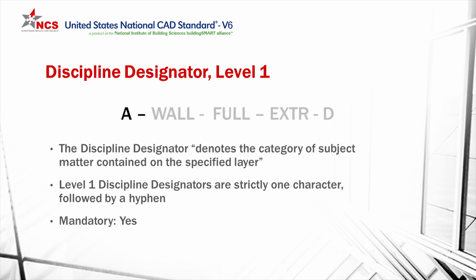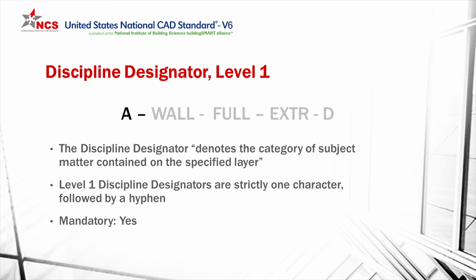Now note, it did not say it denotes the discipline. It says the subject matter, because while discipline designators do cover things like A for architectural, E for electrical, M for mechanical, G for geotechnical, there's also some other items that you can break layers out into, such as Q for equipment, R for resource.